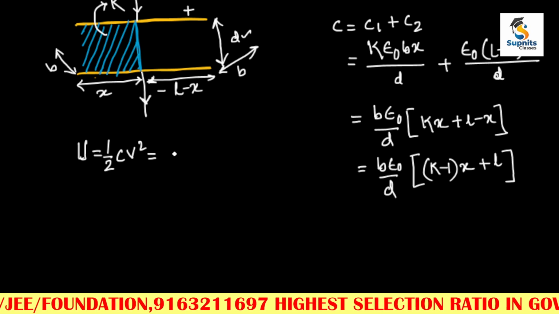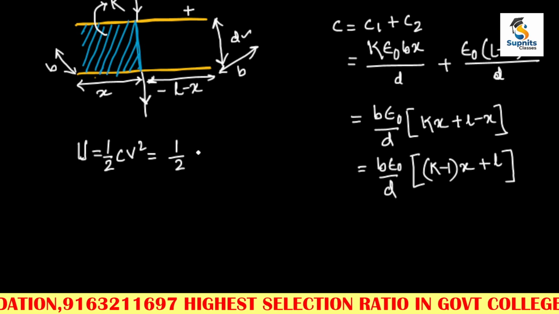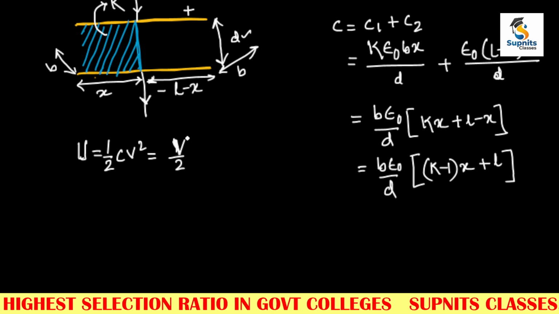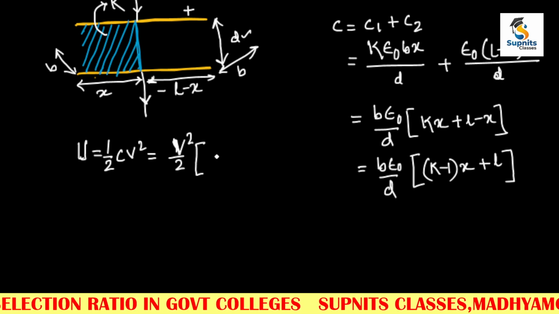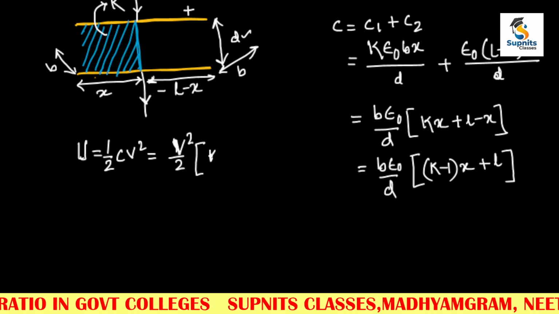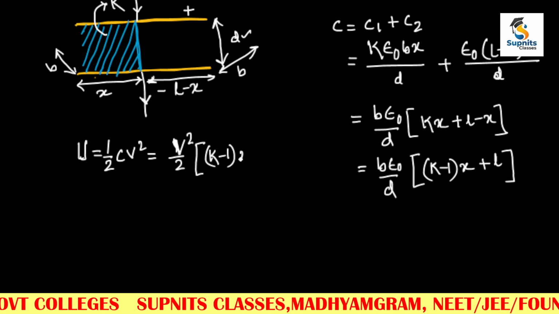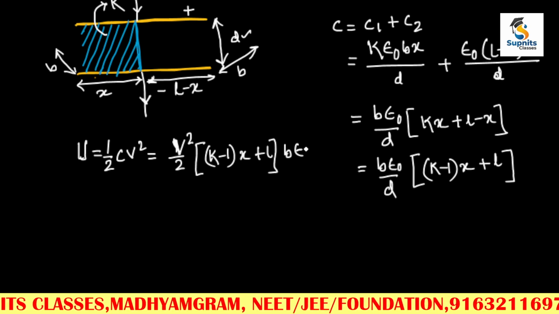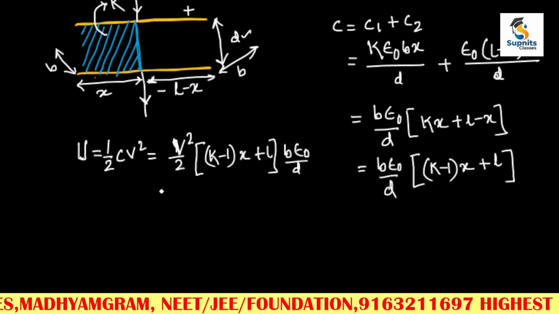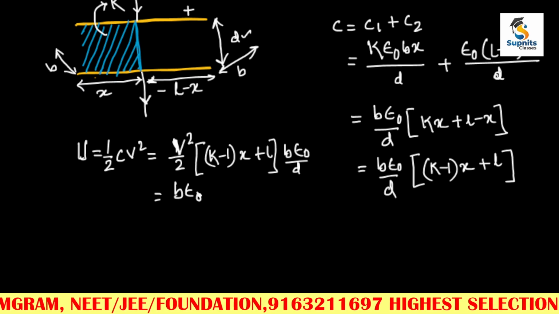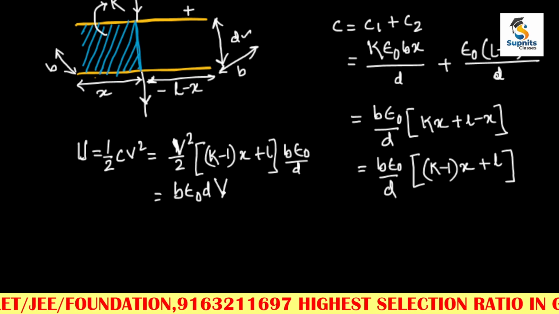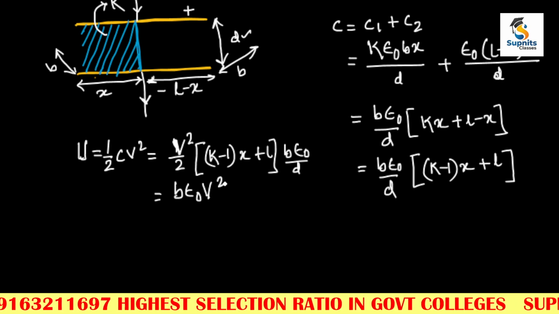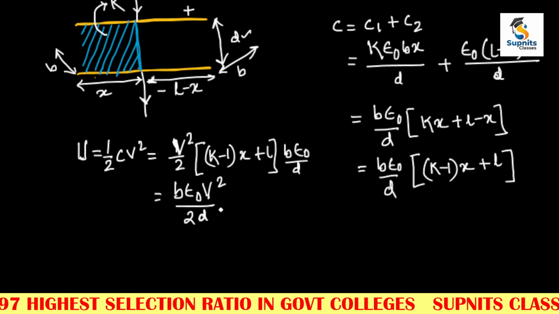I'll write V square first because V square is going to get multiplied, and the rest I'll write in the bracket: (K minus 1)x plus L, B epsilon naught by d.